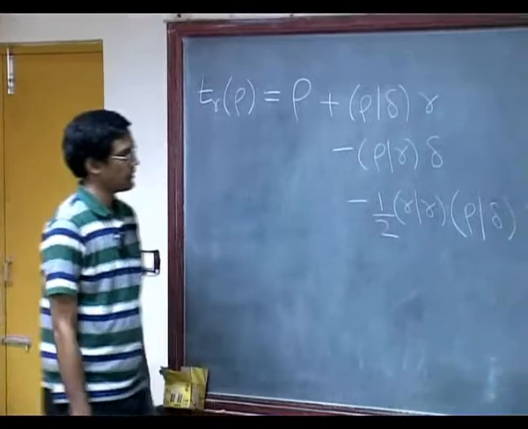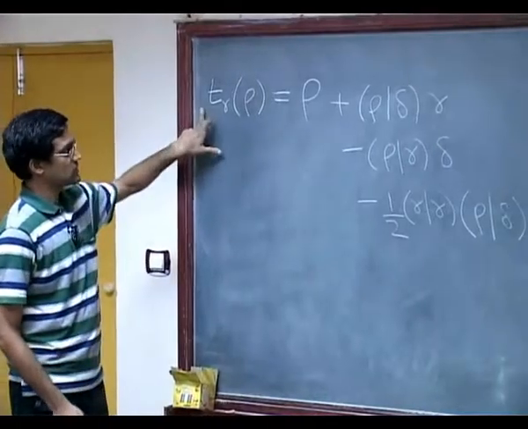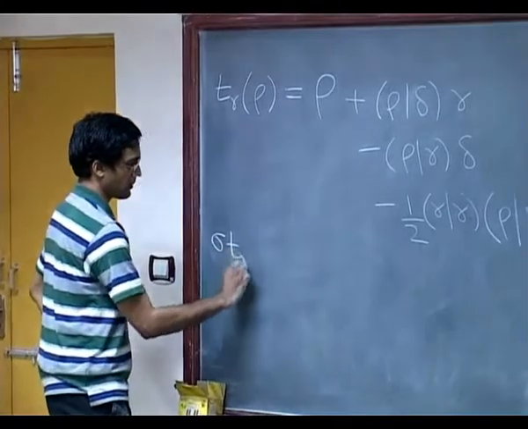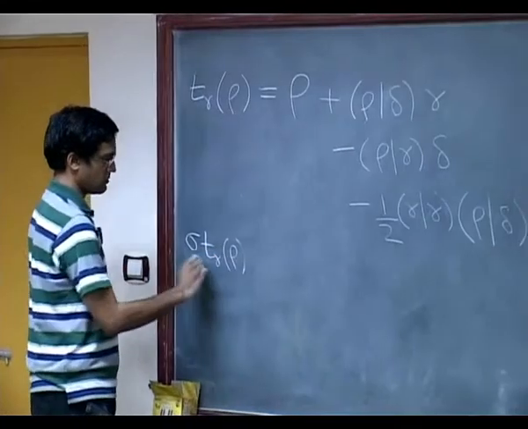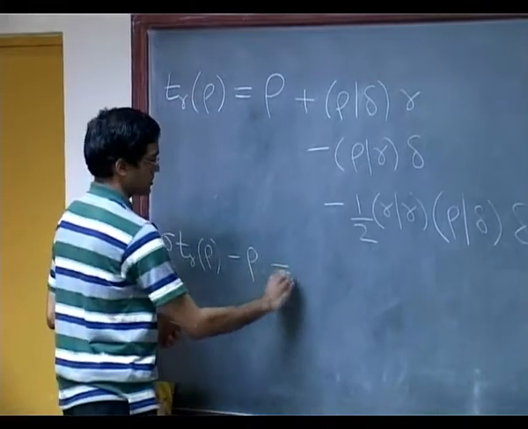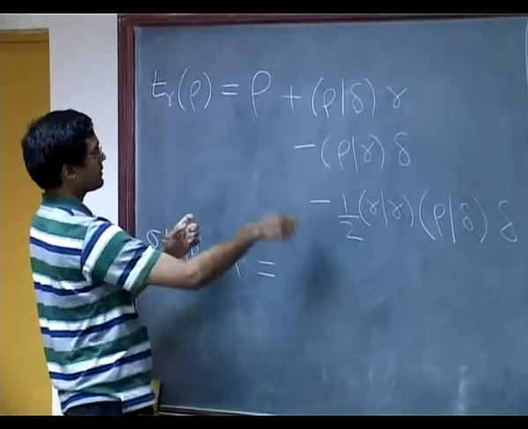Now we need to apply sigma on it. So we have sigma T gamma rho minus rho, right? That is what I am trying to compute. I act sigma on this side and then subtract rho.